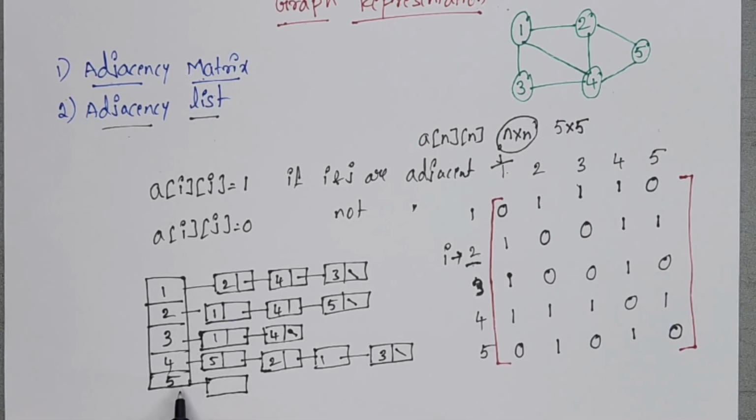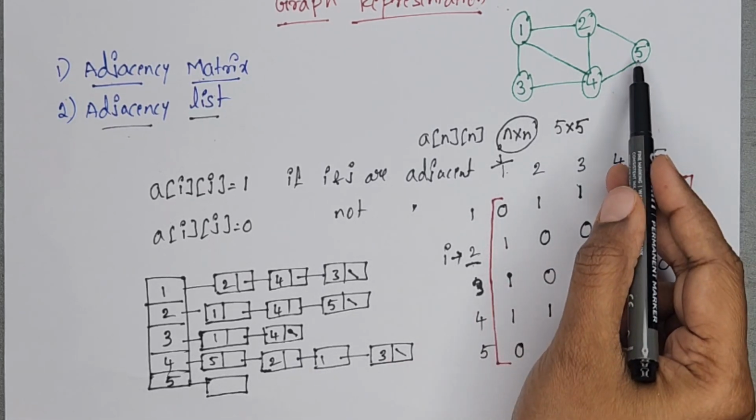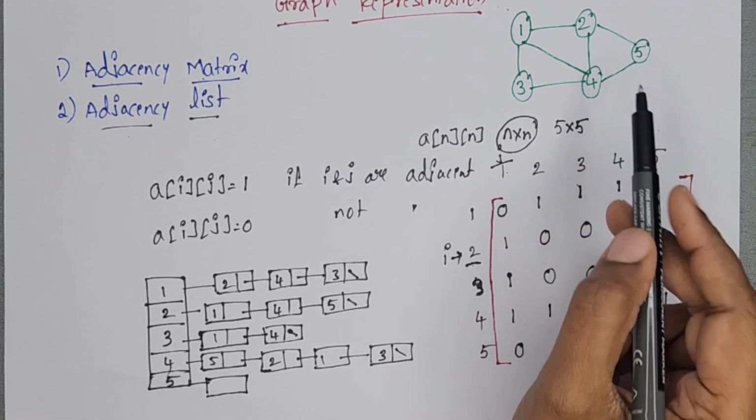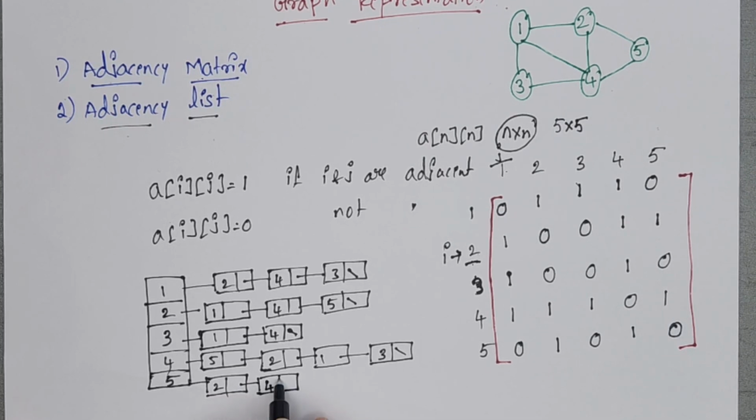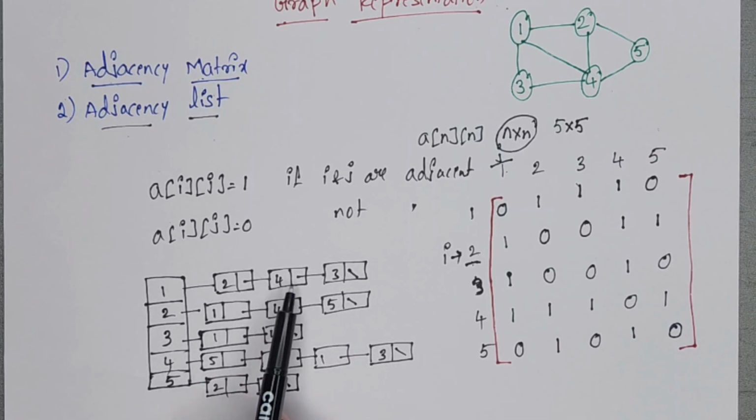Finally, for 5, 2 is adjacent to 5 and 4 is also adjacent. After 4, there is no next node, so this is null. It indicates null.